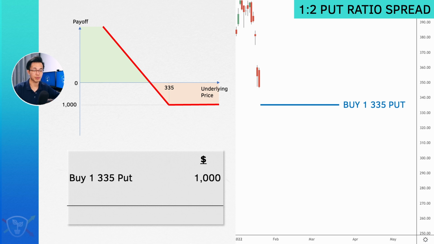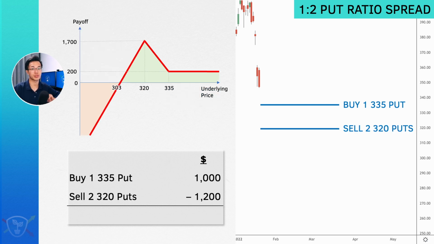At the same time, I'm going to be selling two put options that are further out of the money, maybe at a strike price of $320, also 2 months to expiration. Each of these contracts are worth $600, so for selling two of them, I will collect a premium of $1,200. So all in all, for executing this strategy, I will actually collect a premium of $200.